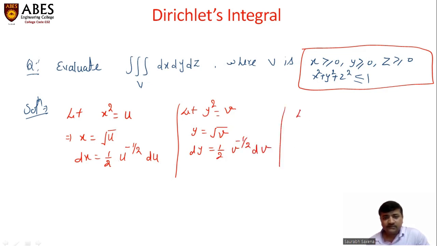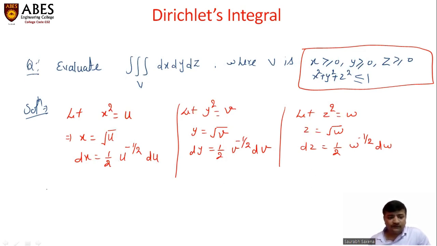And for the third variable, let z square be equal to w. It gives z equal to root w, and dz is equal to 1 by 2 w to the power minus 1 by 2 dw.